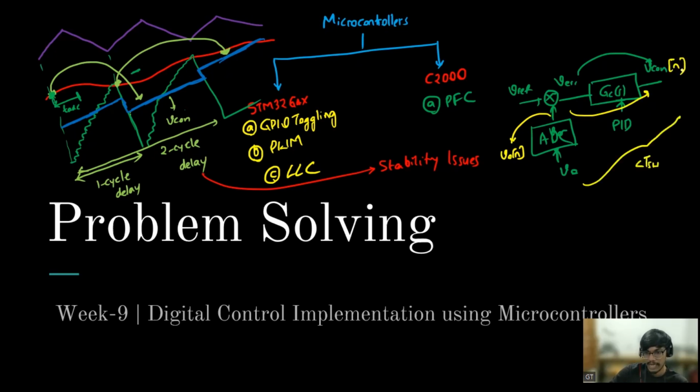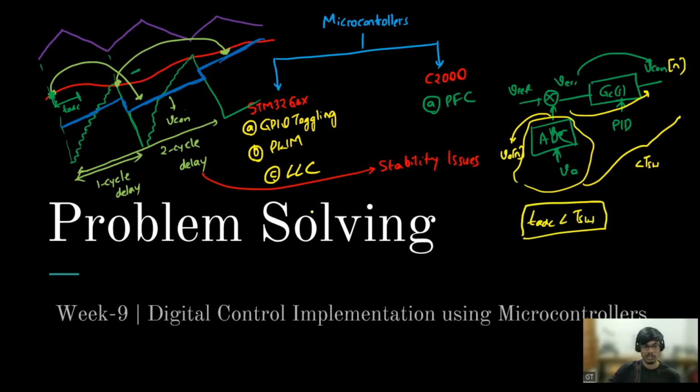So if my entire time is less than TSW, my ADC computation time TADC should be lesser than TSW, right? So ADC has to be faster. Because I want the reflected VCon to be in the next cycle, I have 1 cycle time for all my computation. So whatever digital controller, say FPGA or whatever I am using, it should be capable of doing this.